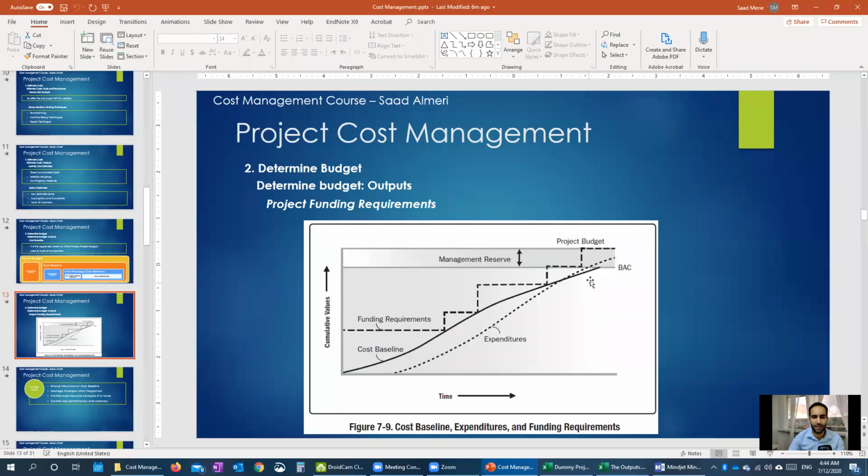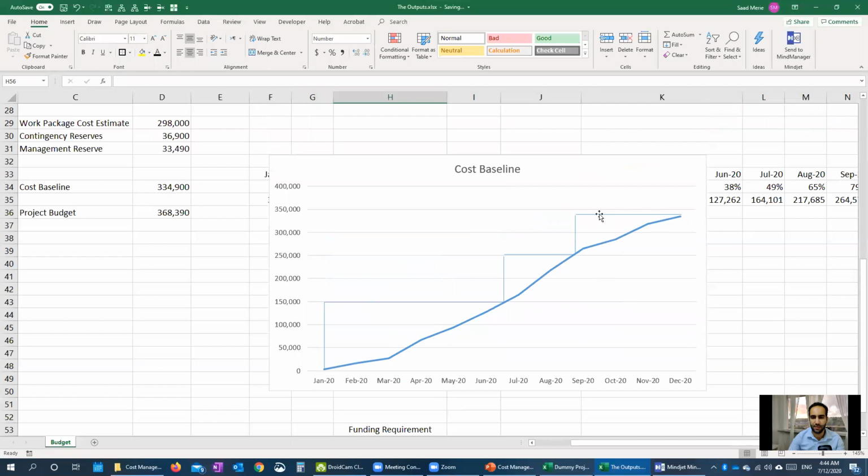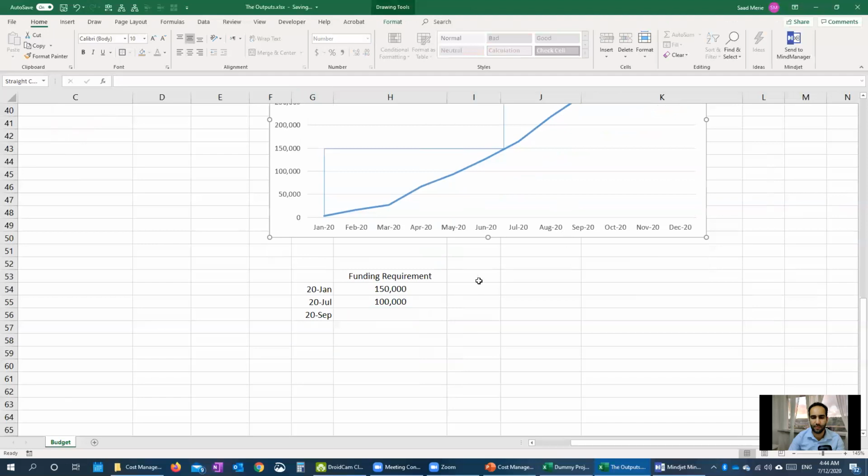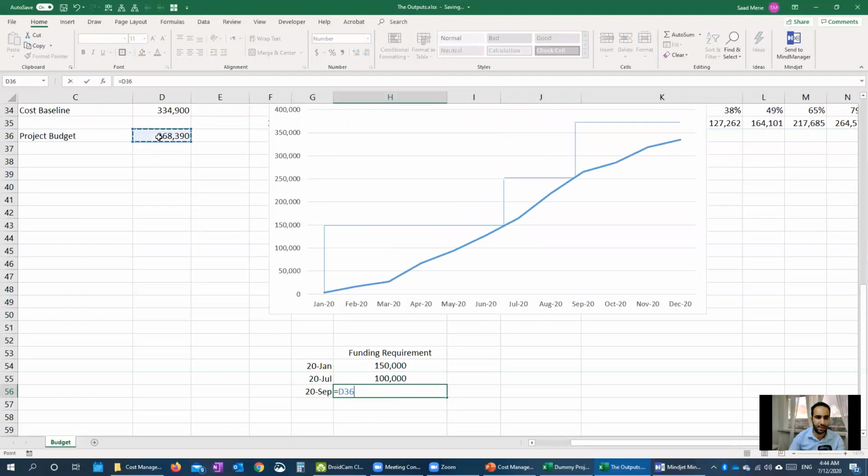Sorry, here is the tricky thing. We don't stop at the cost baseline, but we go into the management reserve. So I made a mistake here. This shouldn't be here. This should be around 368. And then this amount, which is the project budget, minus this, minus this.